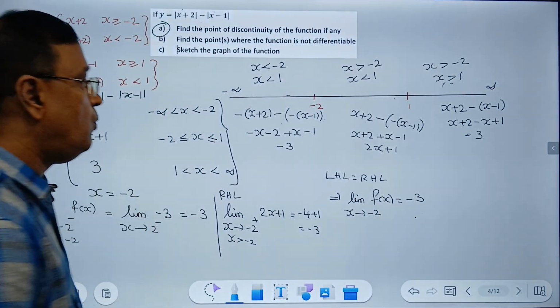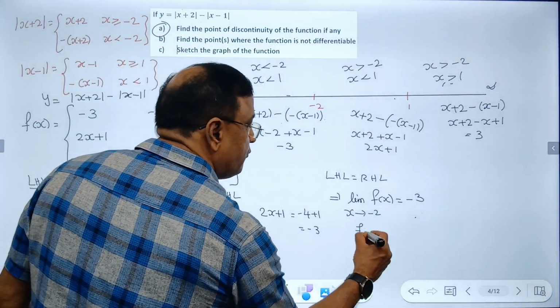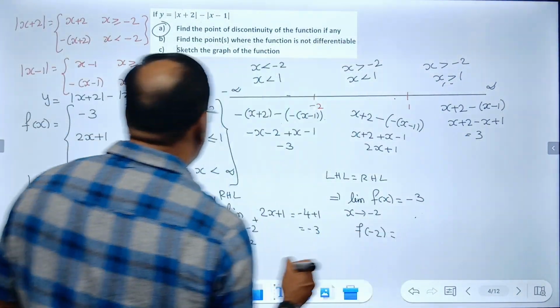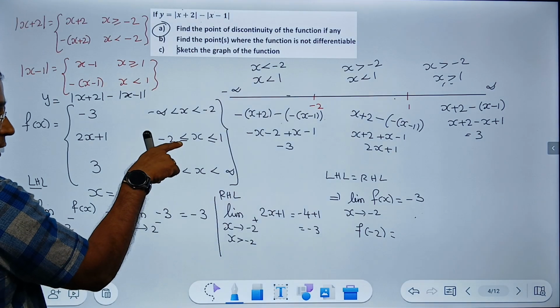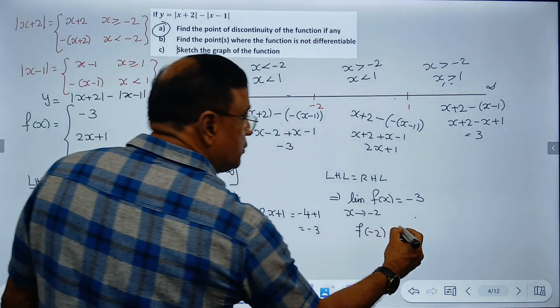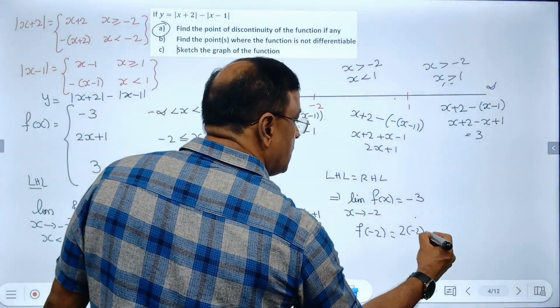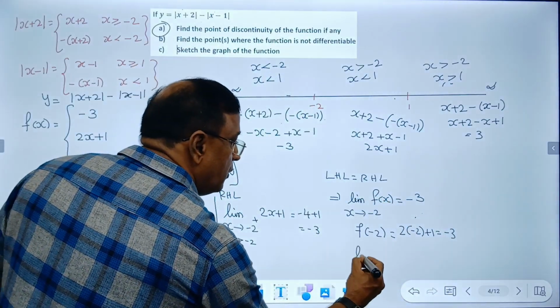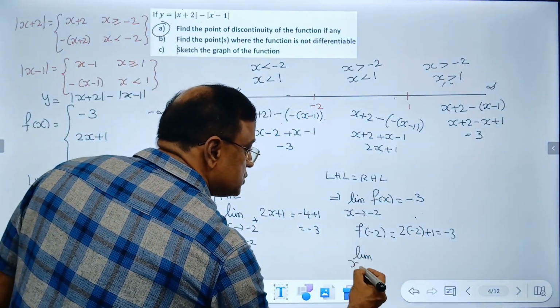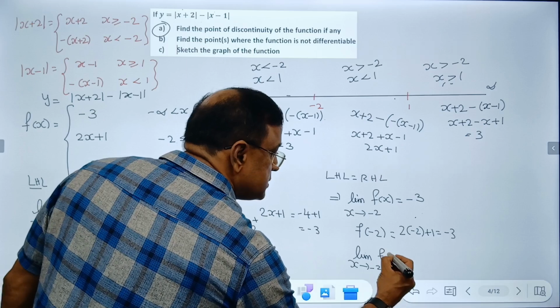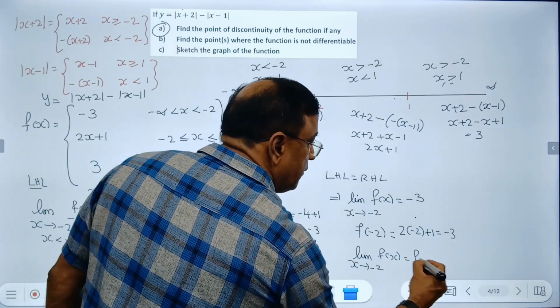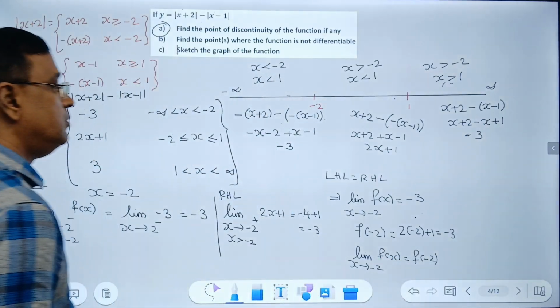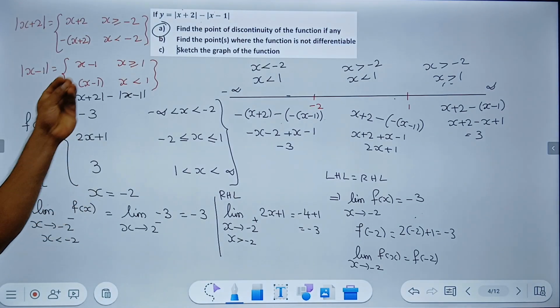Definitely no. What I have to verify? I have to verify f of minus 2. Where will I put? This is where you have equal to sign, so put it here. So you get 2 into minus 2 plus 1, which happens to be minus 3. Wow. Therefore, limit x approaches to minus 2 f of x equal to f of minus 2. So I had my doubt at minus 2.